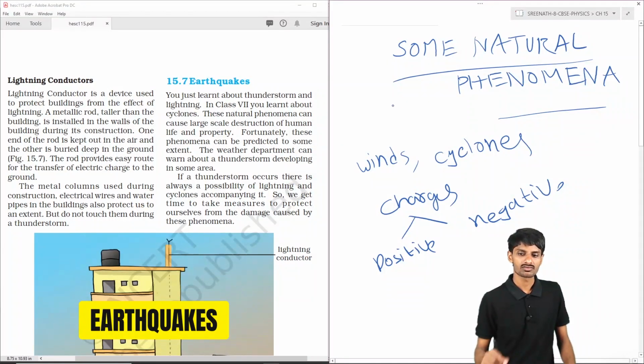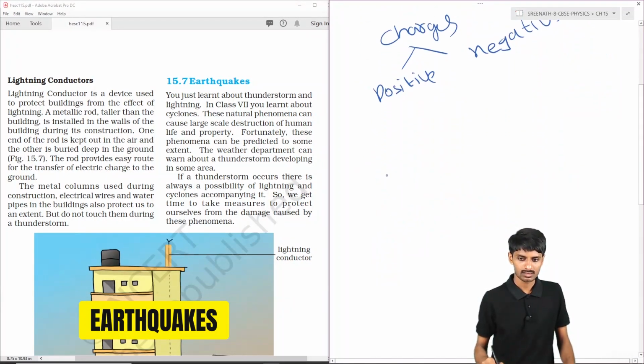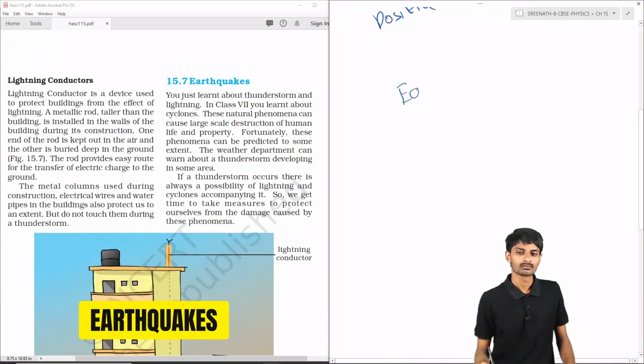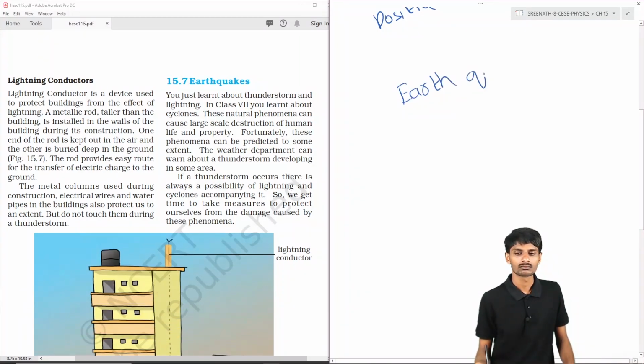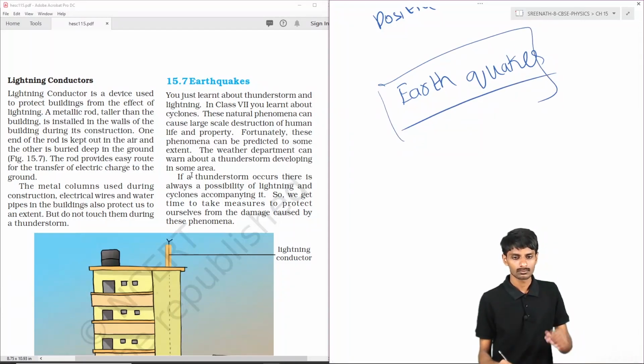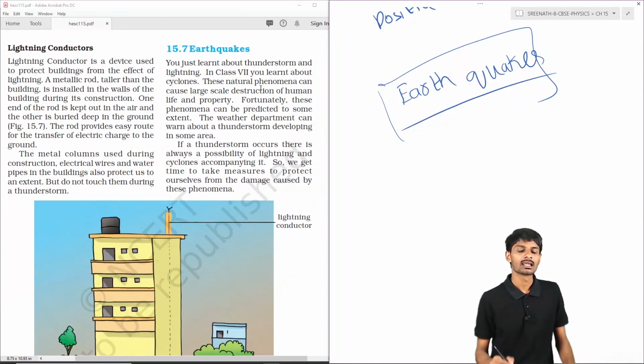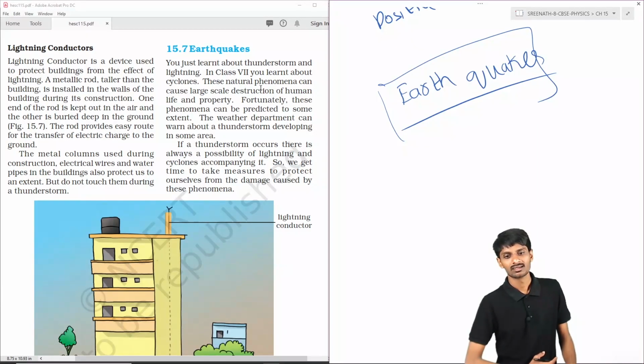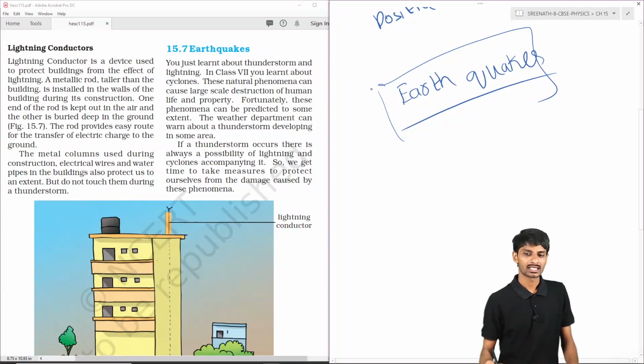Next thing is the next phenomenon, that is earthquakes, students. In class 11th we have learned about cyclones. Similar to that, another destructive natural phenomenon is earthquakes.